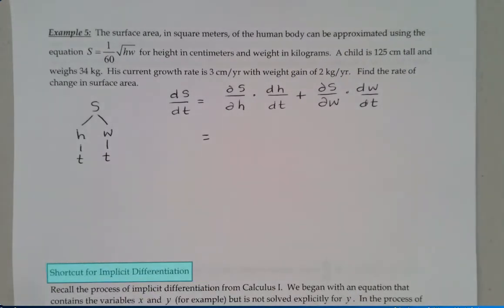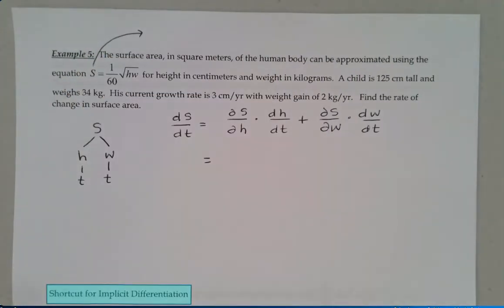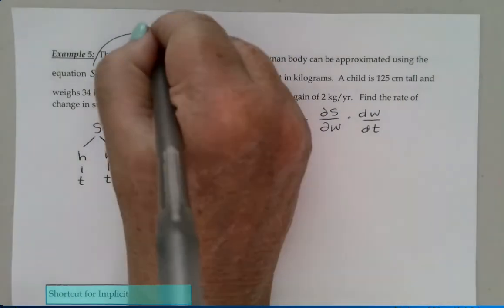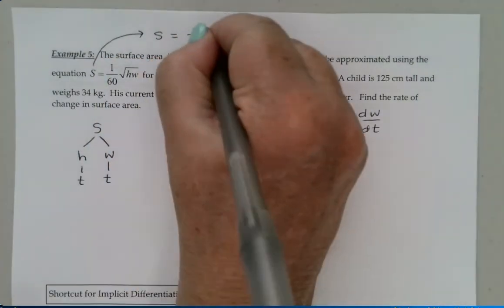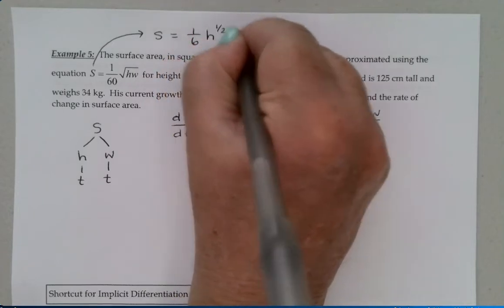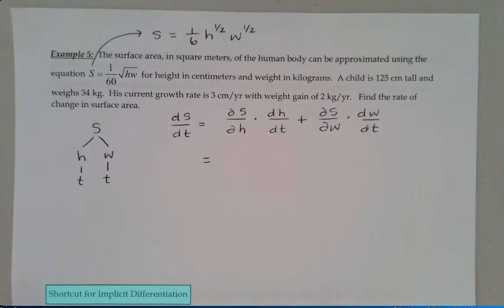All right, so let's go ahead and do some derivatives. By the way, to make the differentiation process a little bit easier, I'm going to rewrite S as 1/60th, and then H to the 1/2, W to the 1/2. Not only does it get rid of the square root, but it also gets the HW combination out from under there, so I don't have old-fashioned chain rules coming in as well.